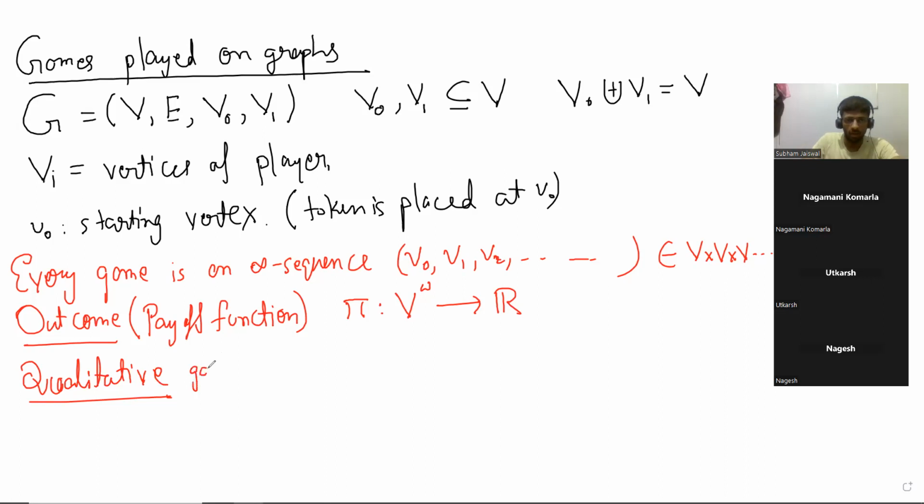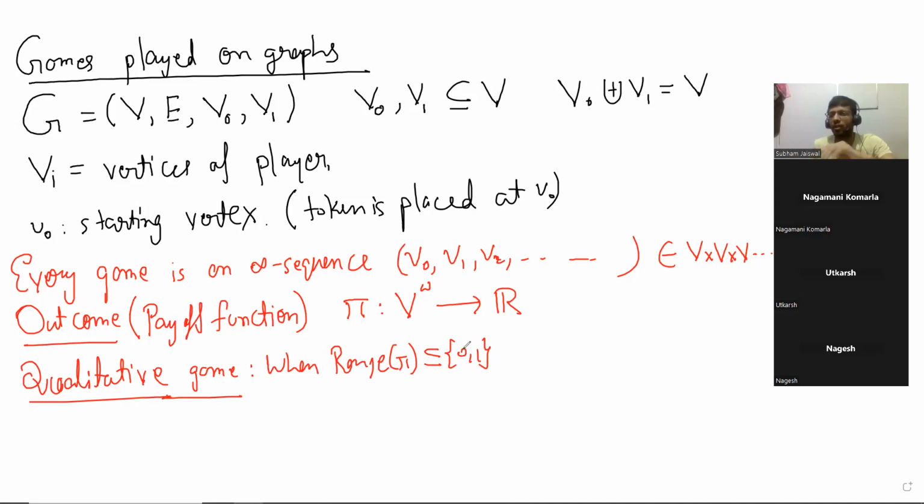But I will define what is called a qualitative game, and this is basically the win or lose game you're talking about. This is when range of pi is contained in {0, 1}, so basically the outcome would either be 0 or it would be 1.